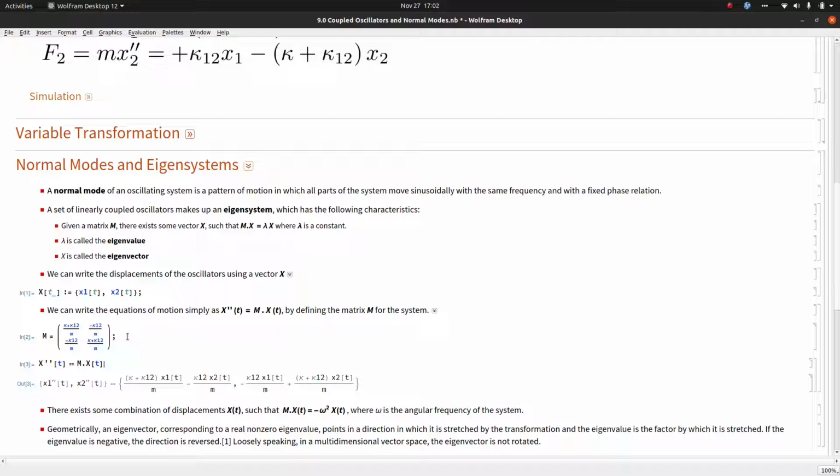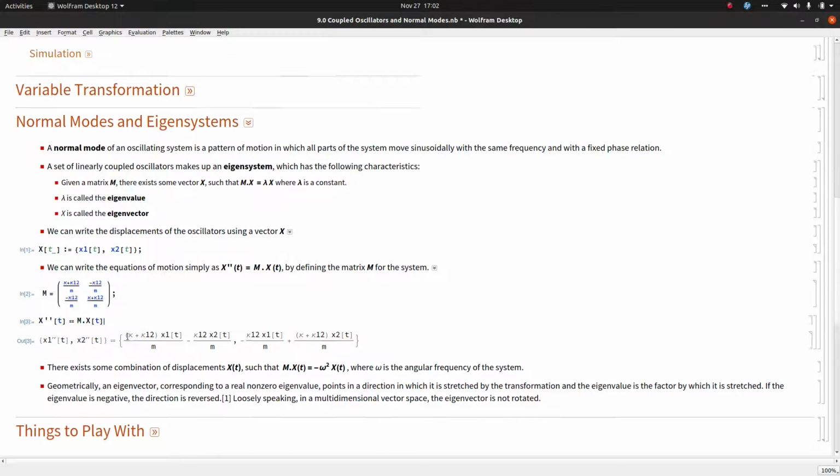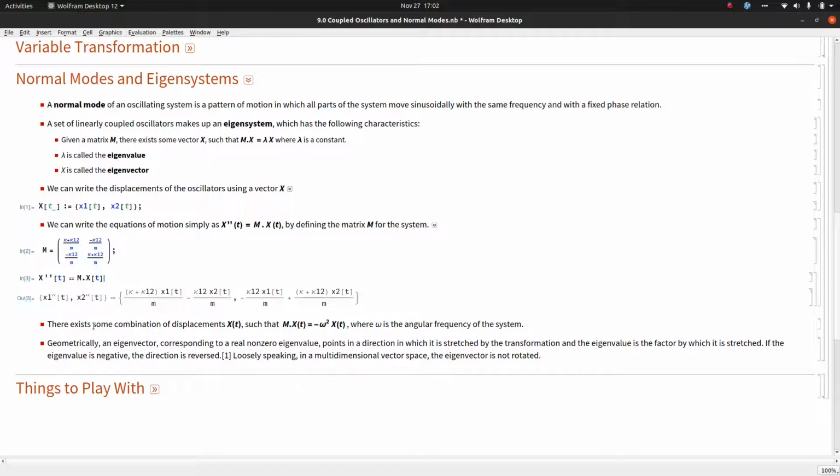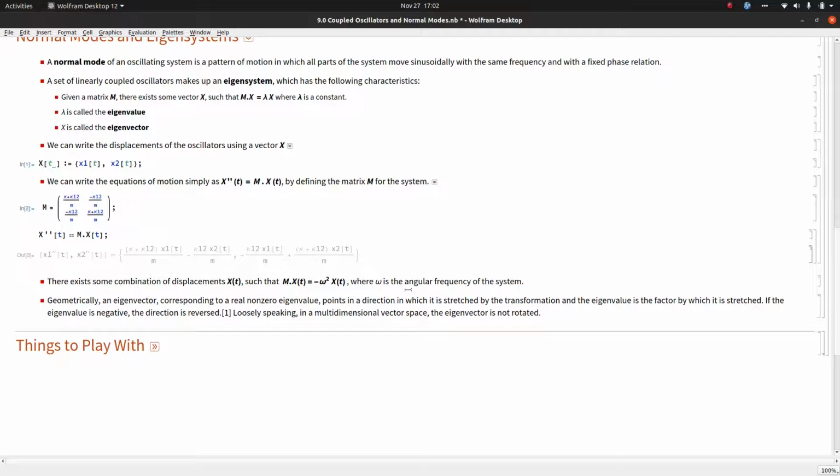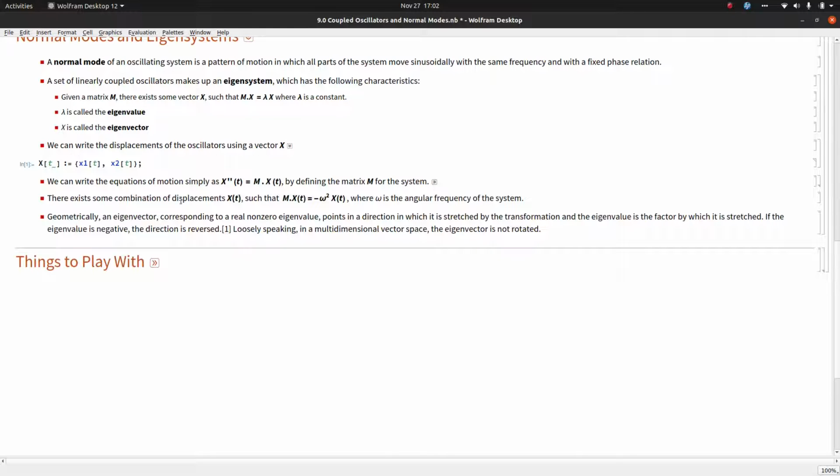So what we can do with this matrix, now that we've written it down, is make the following statement: there exists some combination of displacements such that we can show that this is an eigensystem.